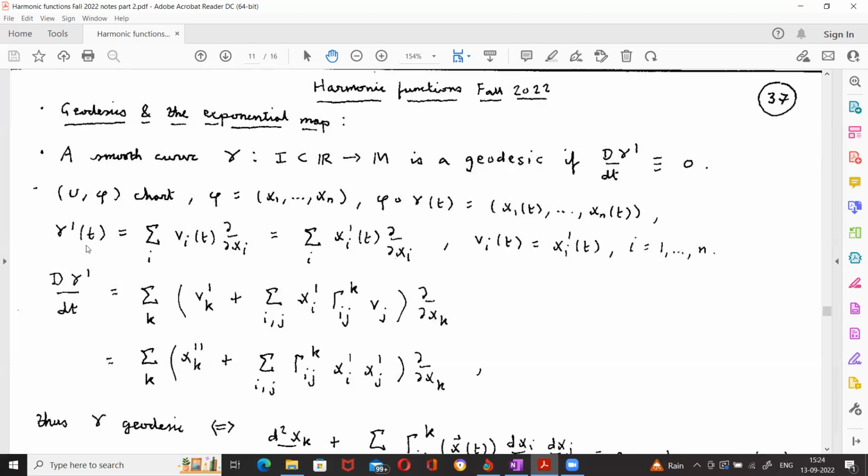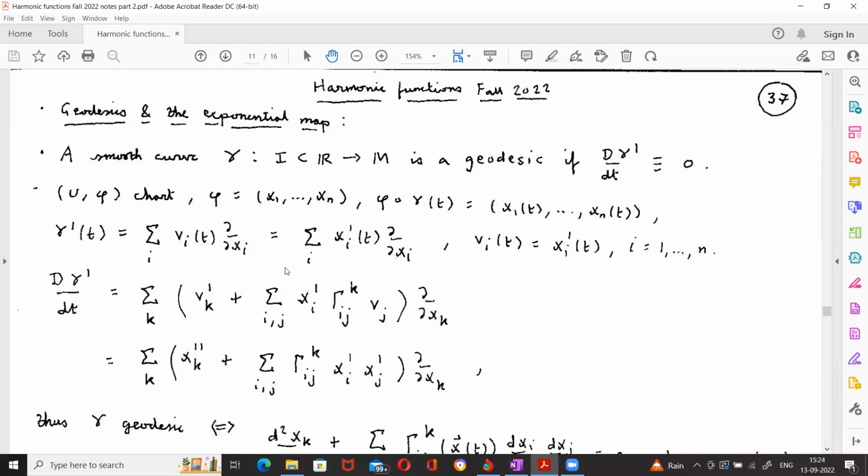So then that means that gamma prime(t) is the summation over i of some coefficients vi(t) times del/del xi. And we know the coefficients have to be xi prime(t), right? Okay, so here vi(t) is xi prime(t), right?